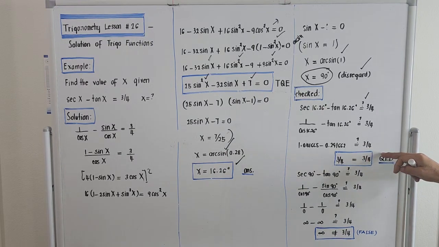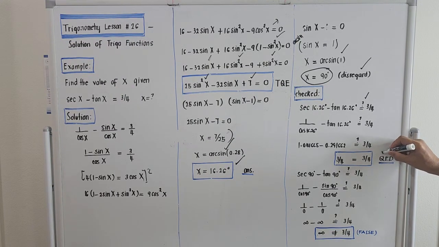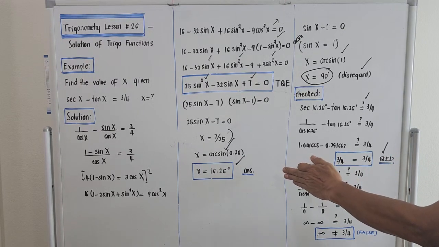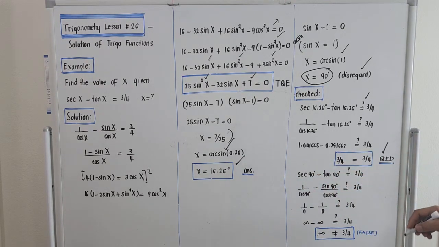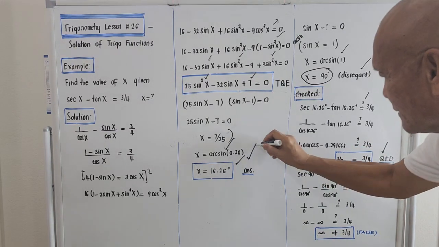Since they are now equal, we remove the question mark and place QED. It was really proven true that the left-hand side is equal to the right-hand side. Quod erat demonstrandum, a Latin phrase. It was proven to be true, right? So this is the correct answer.